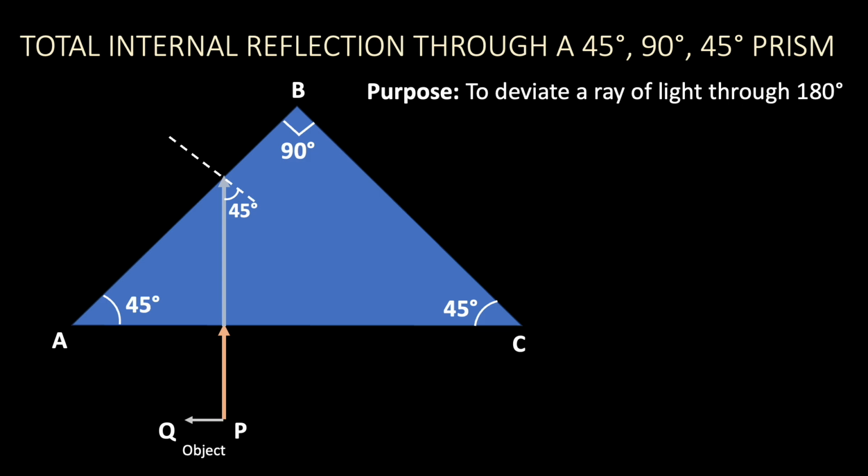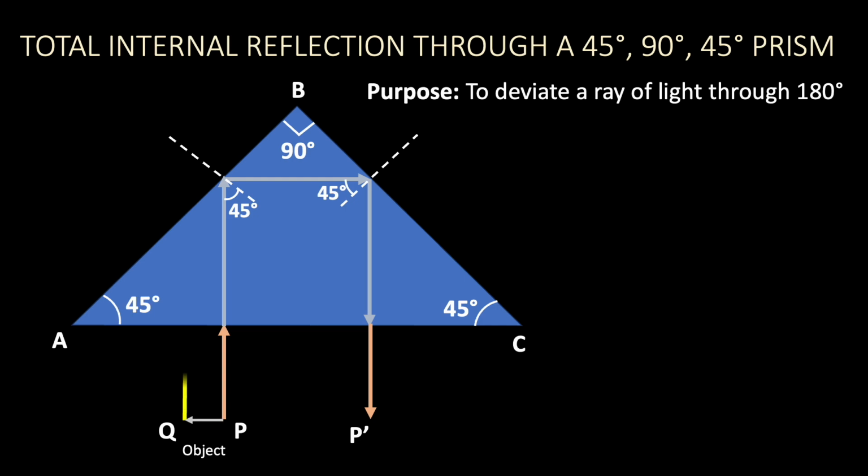The reflected beam inside the prism strikes the face BC at an angle of incidence equal to 45 degrees. So it again suffers total internal reflection. The beam of light inside the prism now falls normally on the face AC and therefore passes out undeviated. And you will get point P'.